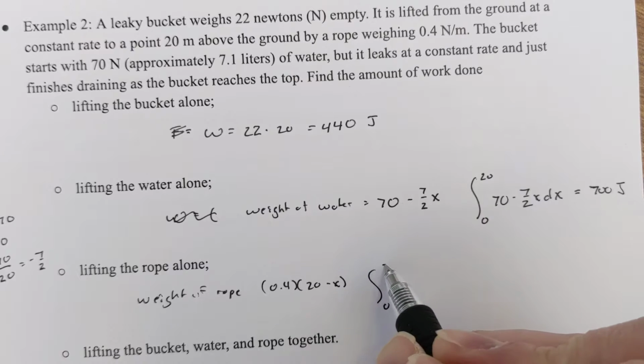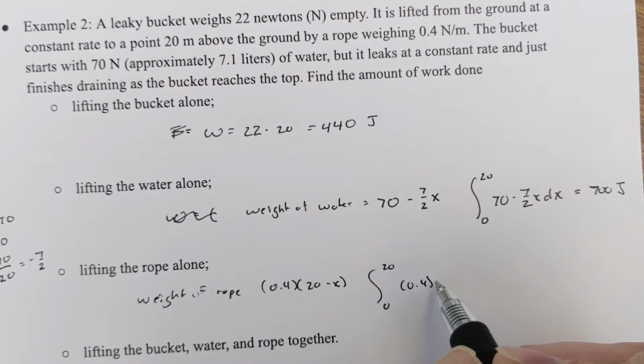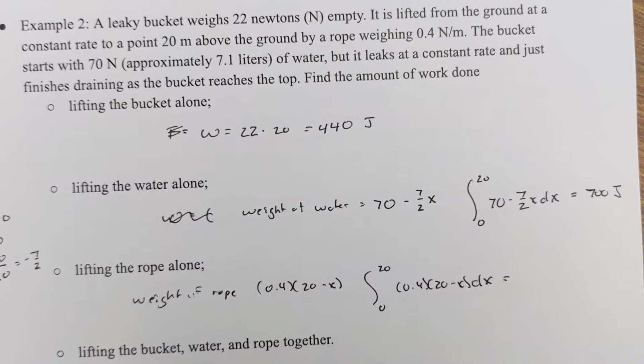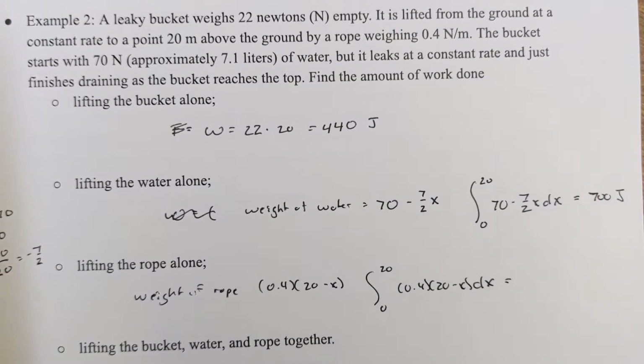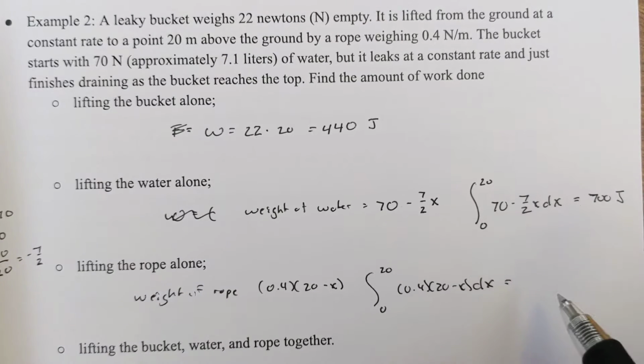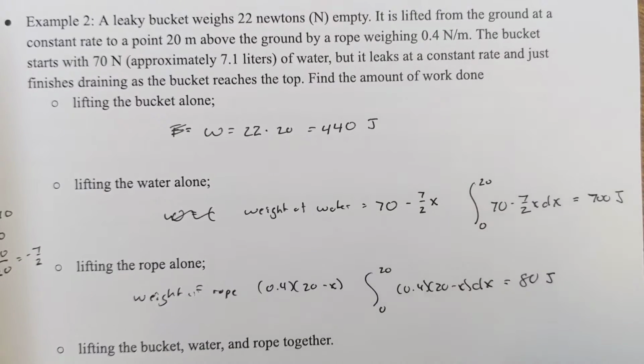So from 0 to 20, 0.4 times 20 minus x dx. Because as there's less rope, it's going to get easier to lift. So this is going to be 0.4, 20 minus x from 0 to 20. So to lift the rope alone, it takes 80 joules of energy.